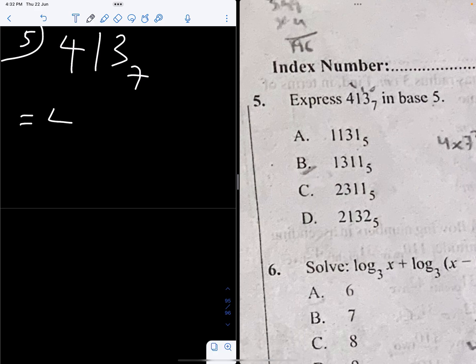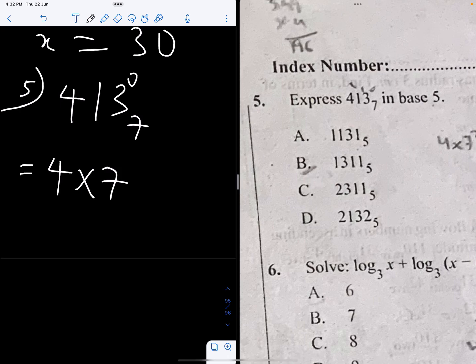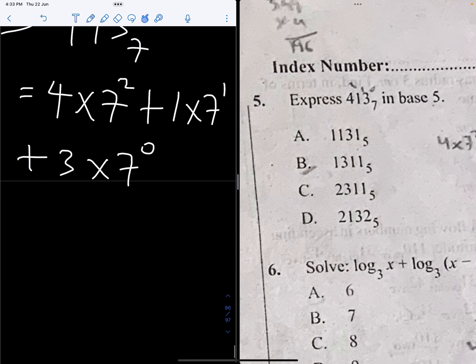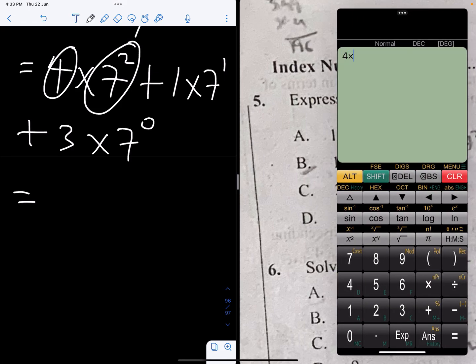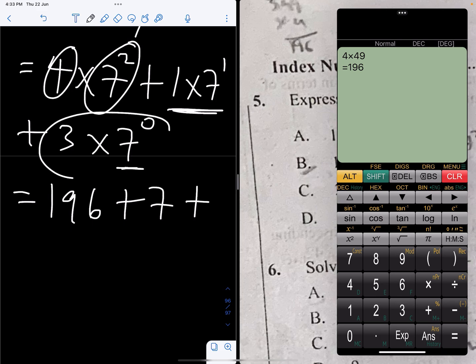This is the same as 4 times 7 raised to the power 2 plus 1 times 7 raised to the power 1 plus 3 times 7 raised to the power 0. 7 raised to the power 2 is 49, and 4 times 49 is 196, plus 1 times 7 is 7, plus 3 times 1 is 3.